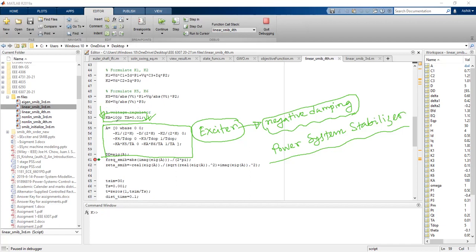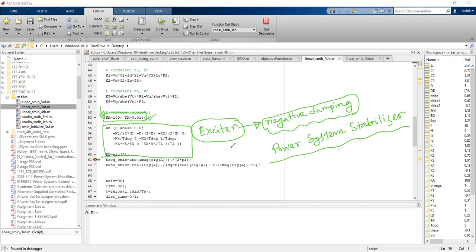You can't choose something like 10,000 here and minus here; not something impractical. The values should be practical. The values that I have taken are one of the practical sets of data available for the IEEE ST1 simplified exciter model. You can change them a little bit and see what happens to the stability. You can play with the values.